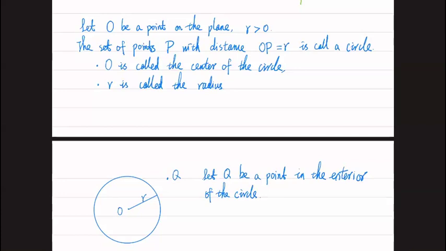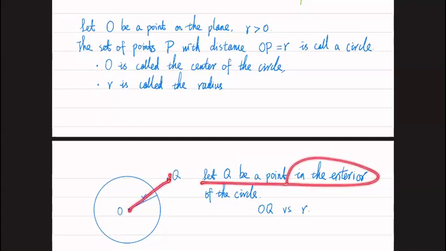Let's compare the distance. Which is bigger for points outside the circle? If a point is in the exterior, what can you say about the distance? Bigger, equal, smaller? It's bigger than the radius.